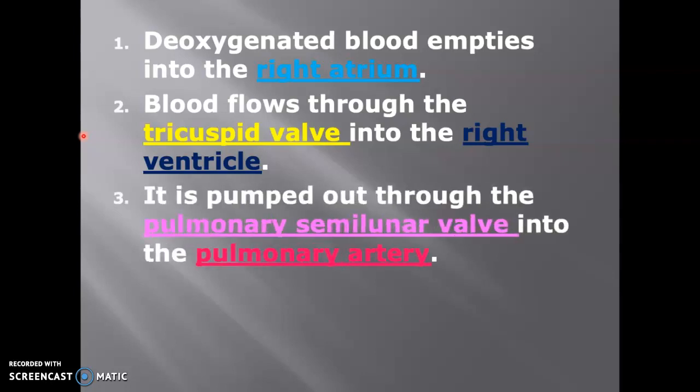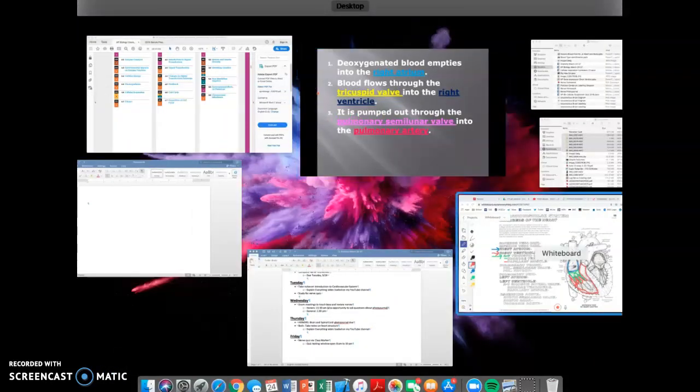So in this case, it goes through the pulmonary semilunar valve and into a structure called the pulmonary artery. So the pulmonary semilunar valve, pulmonary means lungs. So this is a valve and this is an artery that's going to be carrying blood to the lungs. So let's take a look at it on the coloring sheet.